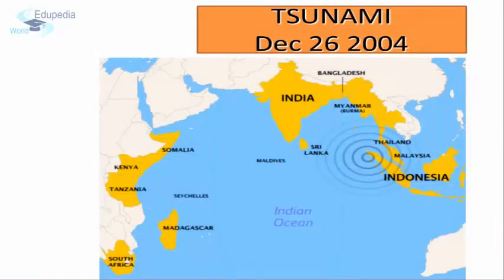The Boxing Day tsunami of December 26, 2004 was by far the deadliest of all time. The tsunami was caused by the 2004 Indian Ocean earthquake, also called the Great Sumatra-Andaman earthquake. This earthquake, with a magnitude of 9.2, was the second largest earthquake ever recorded.